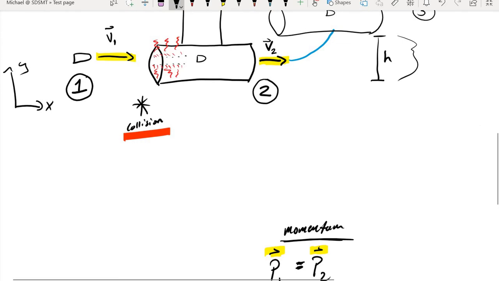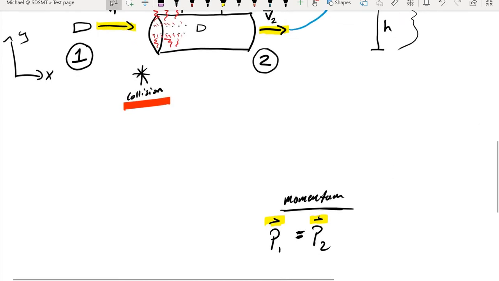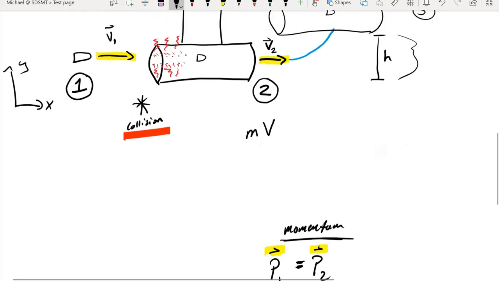So for site 1, being the point in the problem where the bullet has just been fired out of the gun, we have the mass of the bullet, which I will call little m, times the initial velocity of the bullet, which we are calling v1, plus we have the mass of the log and whatever initial velocity that log has, but we know that it's 0.